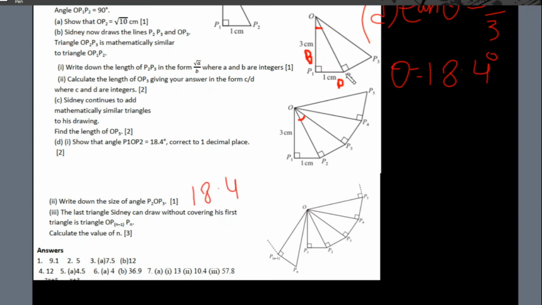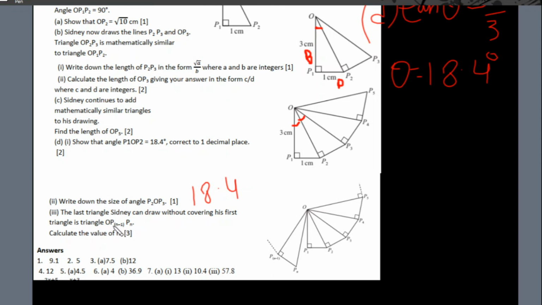Since this is 18.4, this will also be 18.4, because in similar triangles corresponding angles are identical.